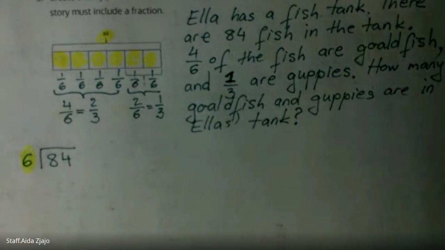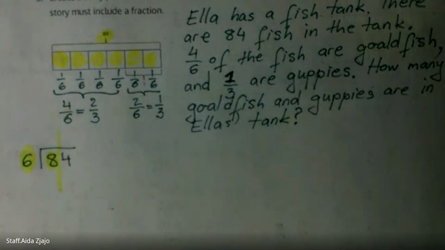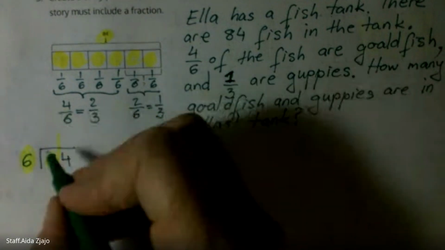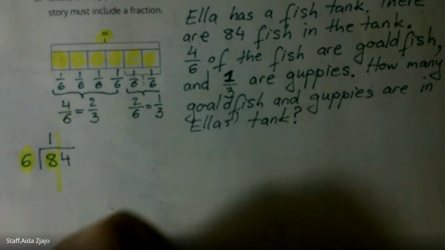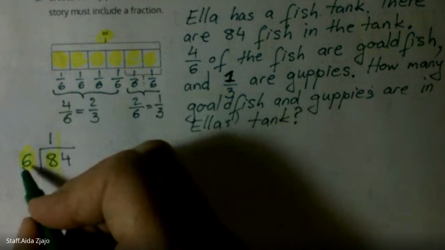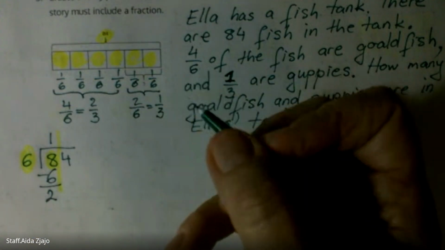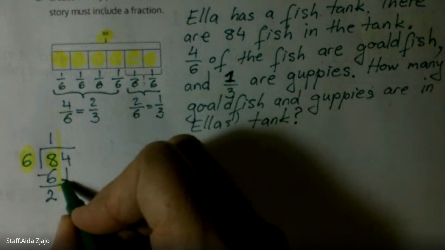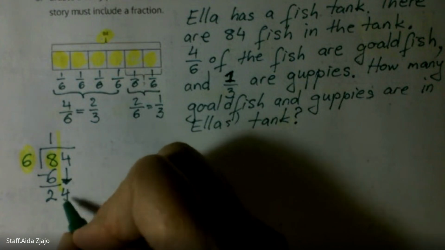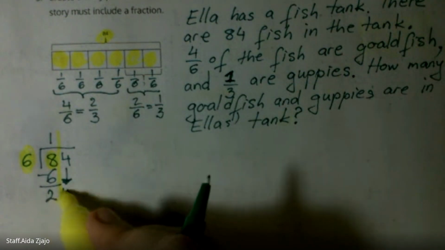So we can start with one number at a time. If I have 8, I can equally share into 6 groups. Each group will get 1. So 1 times 6 is 6. When I subtract, I have 2 left. I'm going to bring down the 4, and now I have 24 ones.